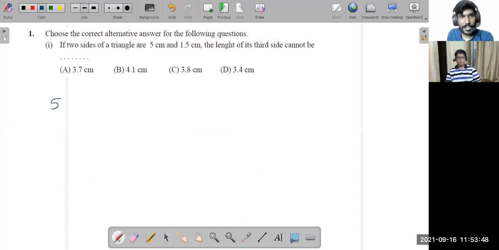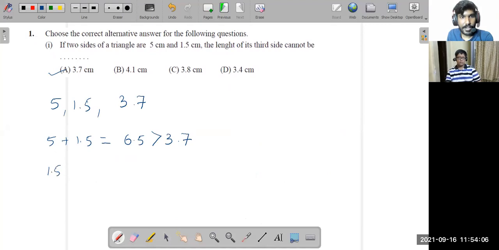Suppose it is 5, 1.5 and 3.7. Suppose it is option A, then you add 5 plus 1.5, you get 6.5, which is greater than 3.7.